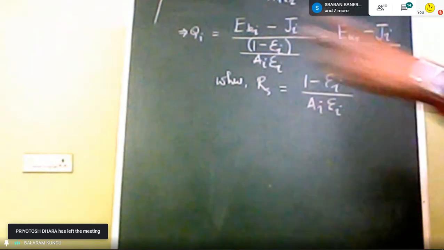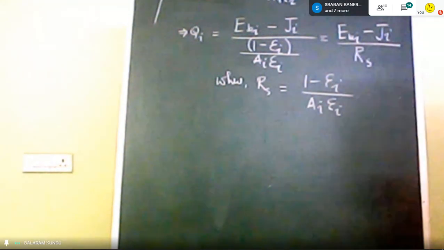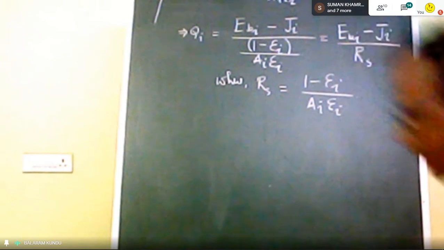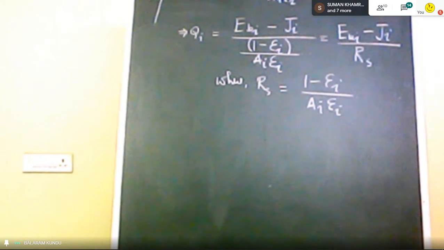So epsilon is there, that means emissivity is there. If we assume that instead of a real surface it is a black surface, then for a black surface the emissivity is equal to 1. If emissivity equal to 1, surface resistance should be 0 because 1 minus epsilon is in the numerator.